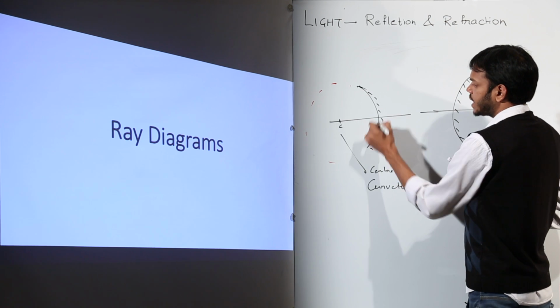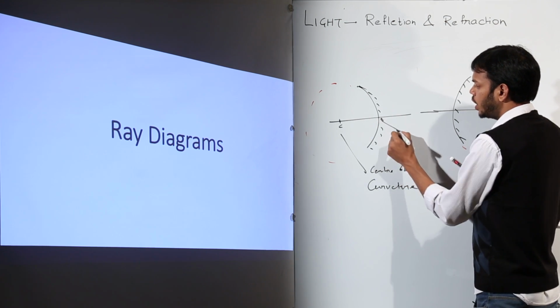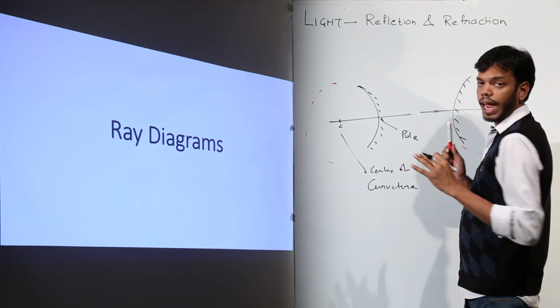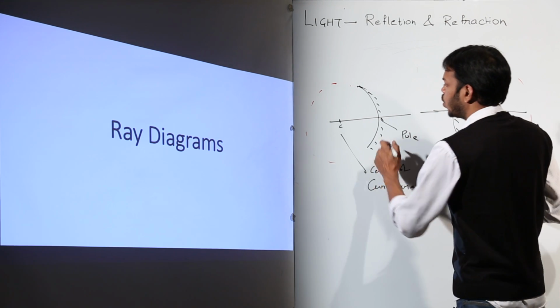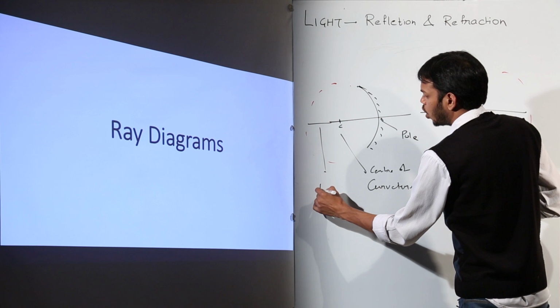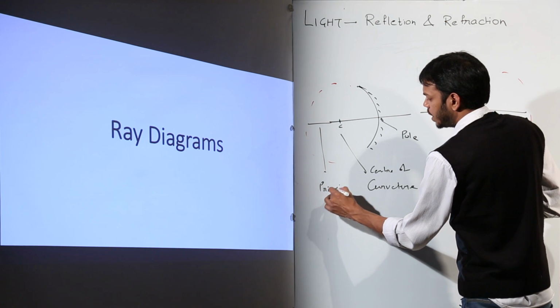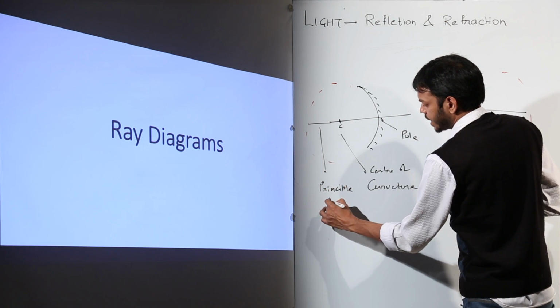Secondly, the centermost point on the mirror would be called the pole. The line joining the center of curvature and the pole, the straight line, would be called the principal axis.